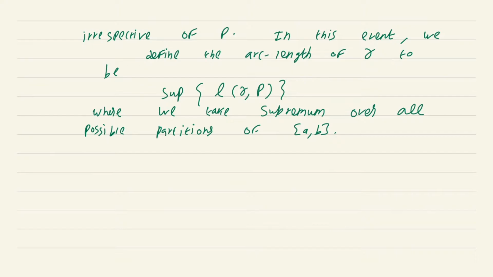So the definition of the arc length of a rectifiable curve is the most natural one possible. You approximate the curve by polygonal paths, and the maximum length of a polygonal path that you can obtain in this way is called the arc length.